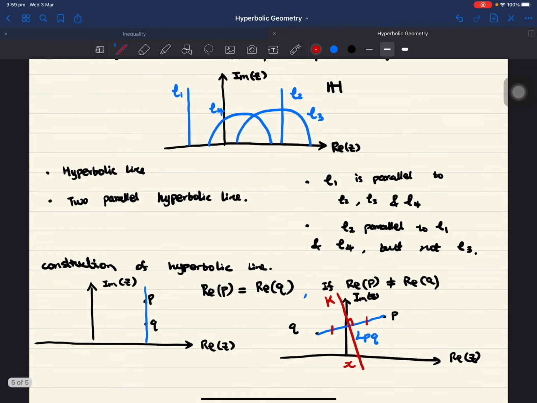Then we can construct such a semicircle, with this radius, and the intersection, let's call it D, of D with the hyperbolic plane is our hyperbolic line.